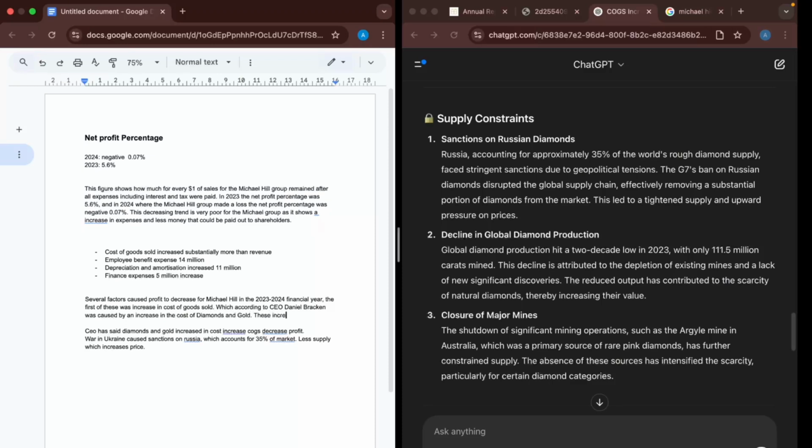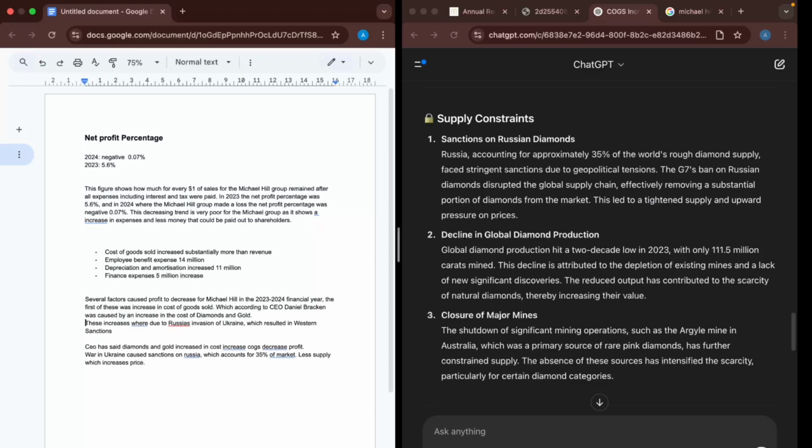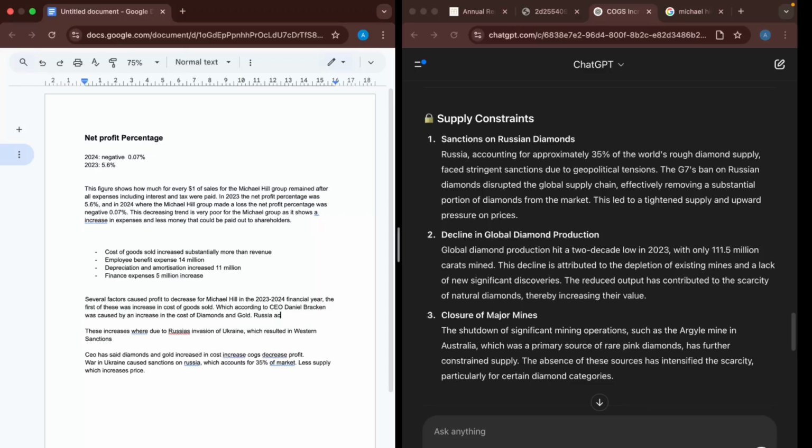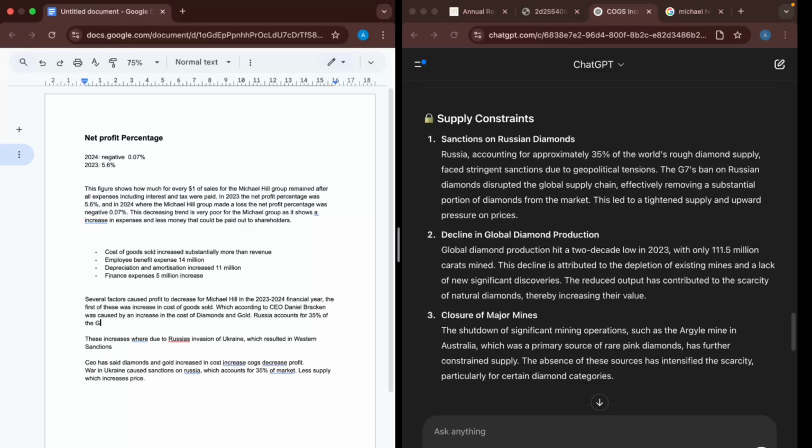These increases were due to Russia's invasion of Ukraine, which resulted in Western sanctions. Actually, we'll come back here, guys. We'll just say Russia accounts for 35% of the global diamond market.